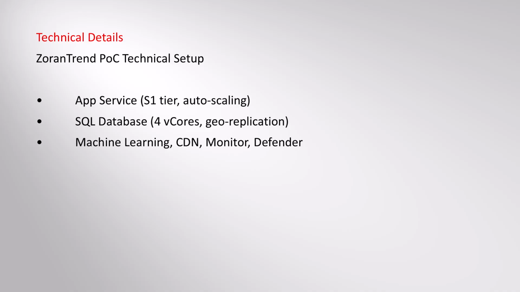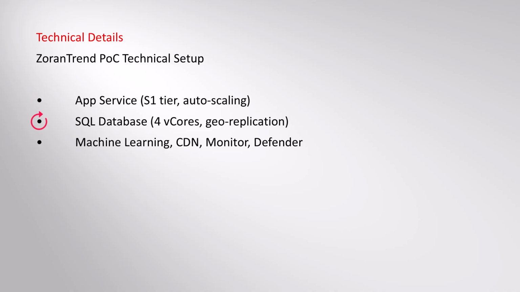Technical details and tools. In the Azure Sandbox environment, we deploy Azure App Service on a standard S1 tier with 1.75 gigabytes of RAM and one core, configured to autoscale up to 5 instances when CPU usage exceeds 70%. Azure Load Testing simulates 1,000 steady and 5,000 peak users to evaluate latency and uptime.